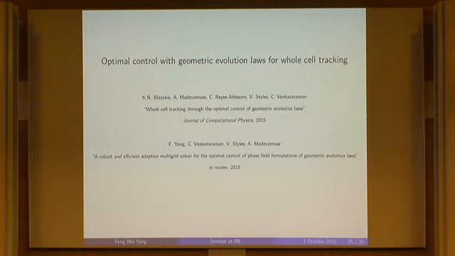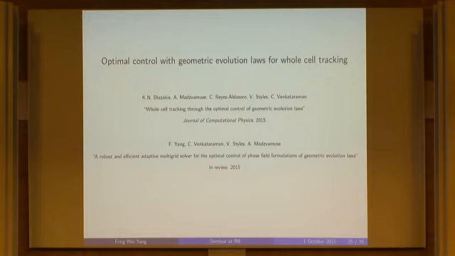Okay, brilliant. For the rest of the talk, we'll be on the optimal control with geometric evolution law for whole cell tracking. Chandrasekhar already gave a talk on how the model was derived at the conference that just ended last week. The model is published in this paper, with how it is derived and some examples with the cells.